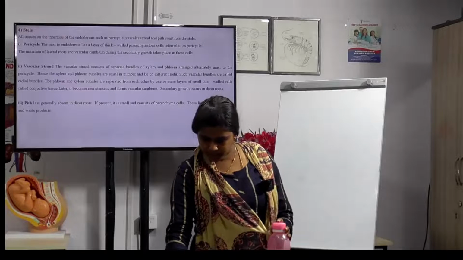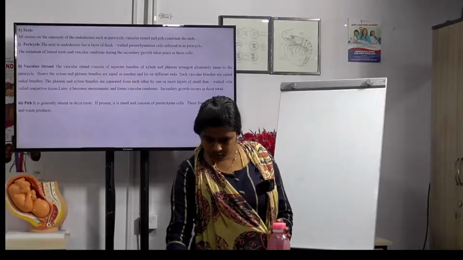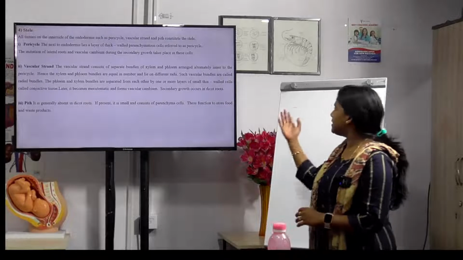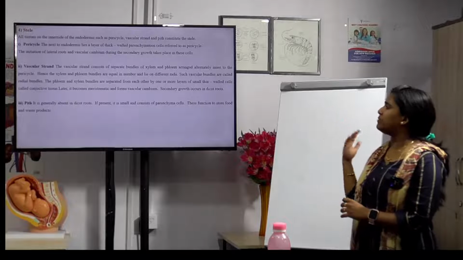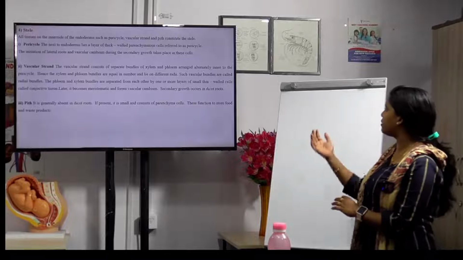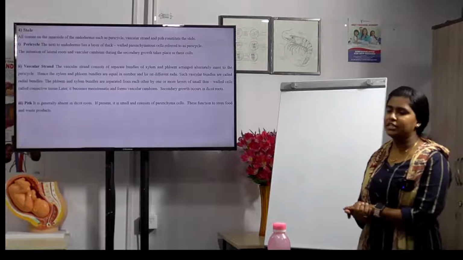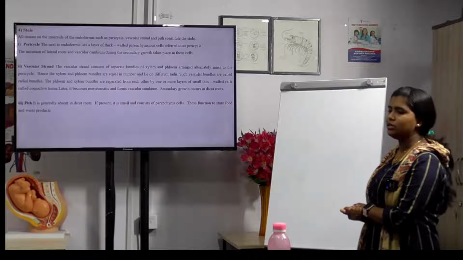Vascular strand, right? Okay, such vascular bands are called radial bundles, and the phloem and xylem are separated from each other by a small layer called conjunctive tissue. And then pith, it is generally absent in dicot roots.